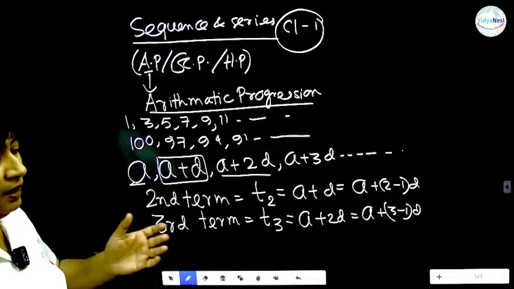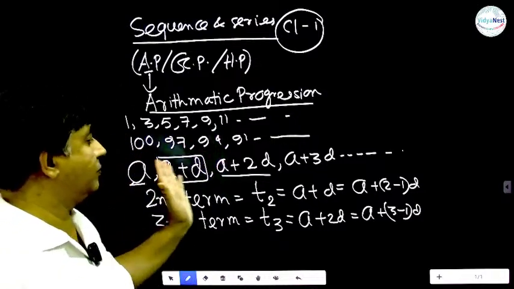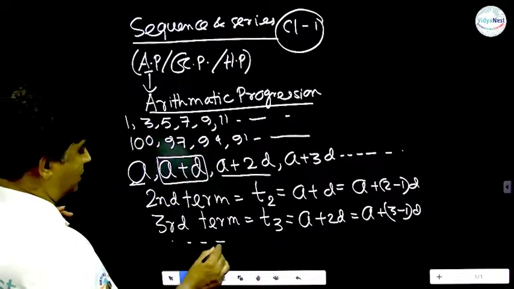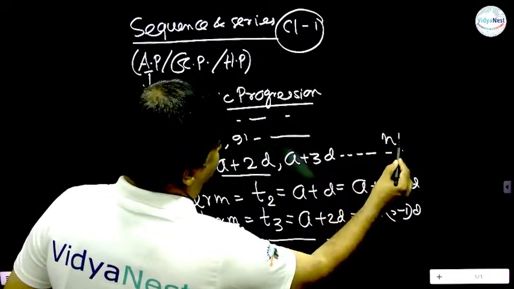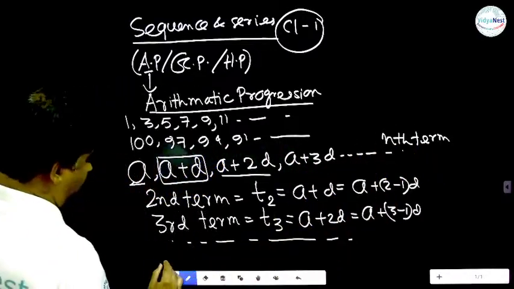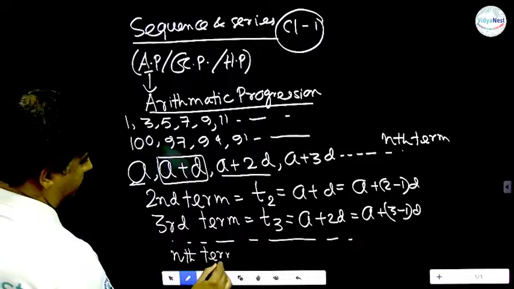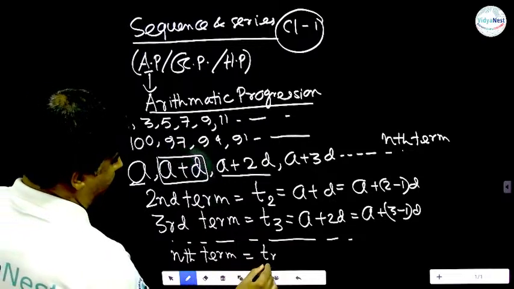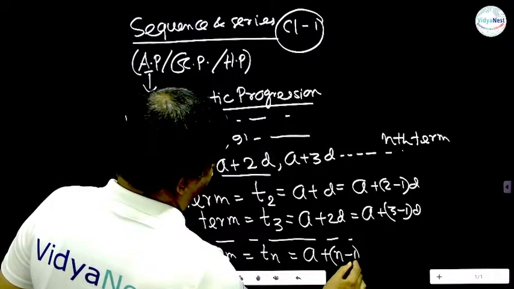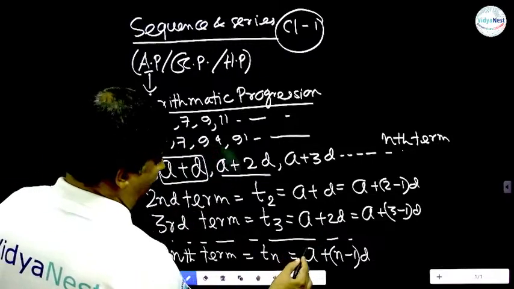Now, in this manner, if we generalize to the last term, I will get the nth term, a general term, Tn equals A plus n minus 1 into D. That is the nth term.